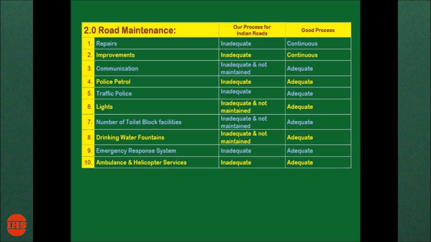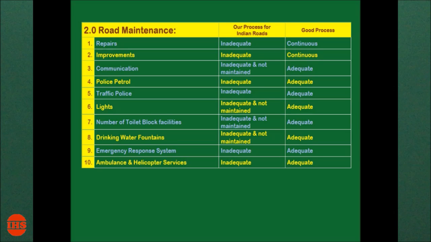Lights on Indian roads inadequate and not maintained. In good process, it is adequate. Number of toilet block facilities on Indian roads inadequate and not maintained. In good process, this is adequate. Drinking water fountains on Indian roads inadequate and not maintained.